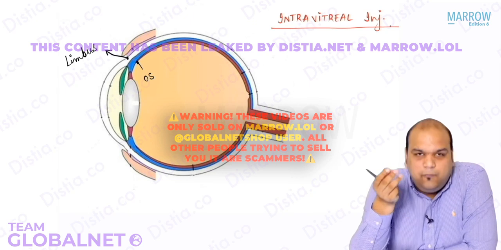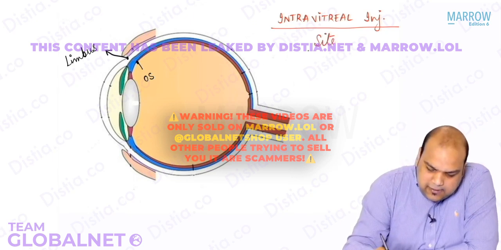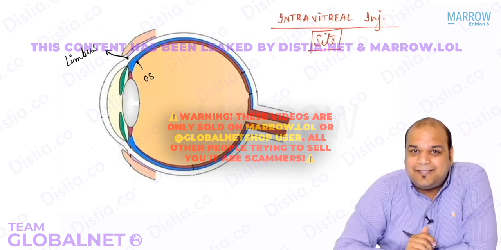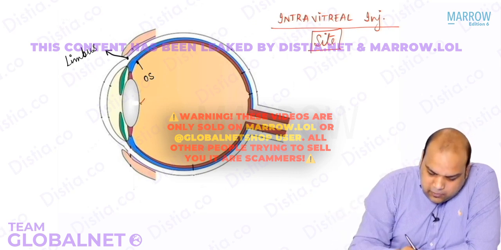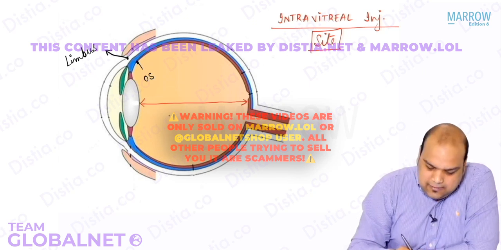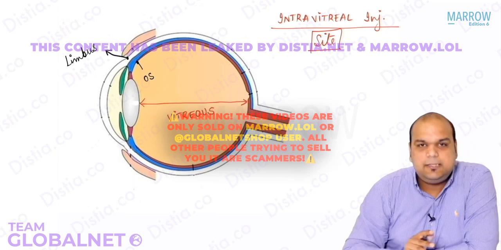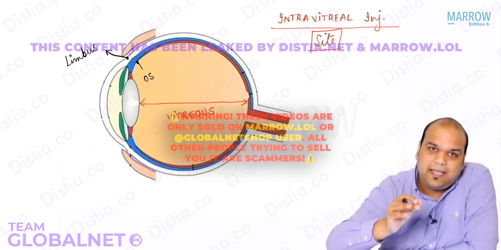So now what we want to discuss is what is the site of intravitreal injection. That means if you need to give the drug inside the vitreous, from where do you enter the eye? Behind the lens, this whole area which is visible in yellow color in this image is your vitreous. Now we need to inject a drug inside the vitreous cavity.